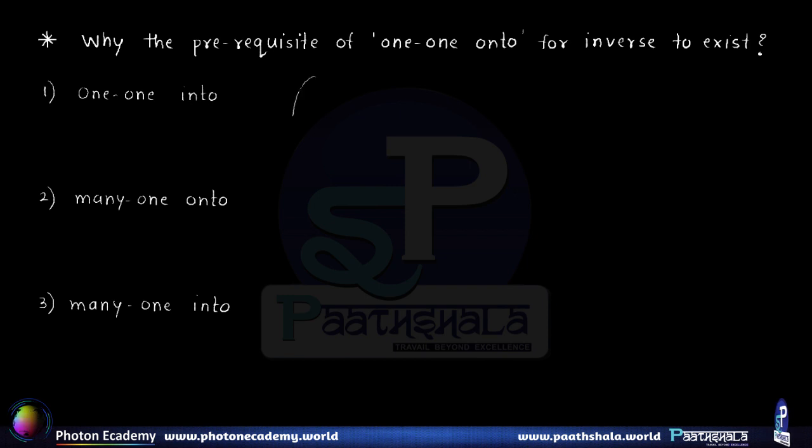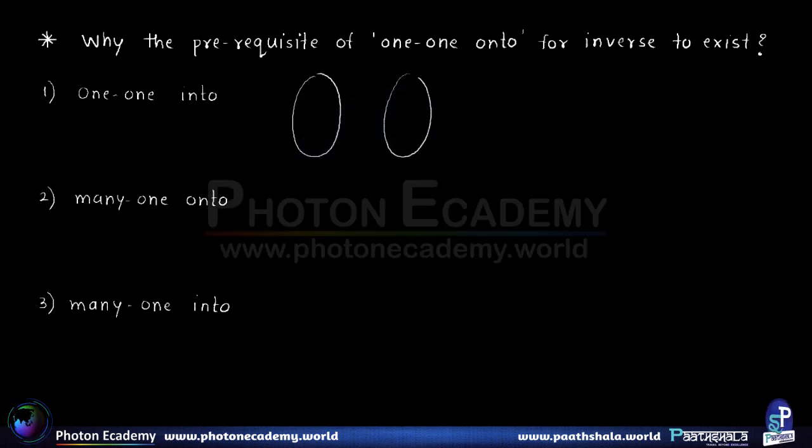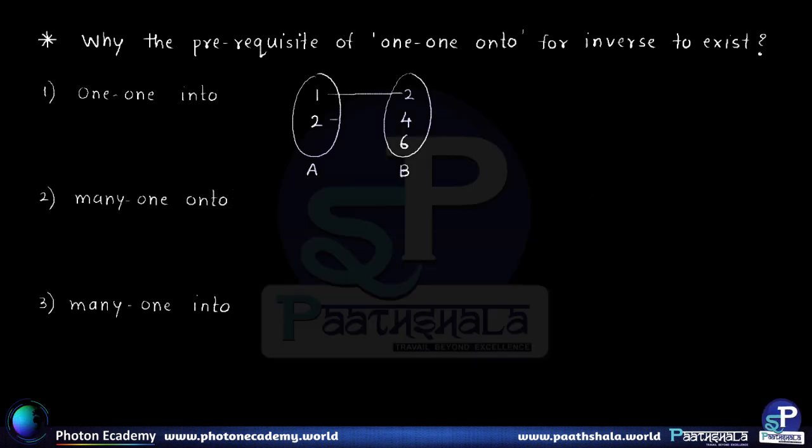Let us consider a very simple example, that is set A, set B. Now this is a one-one into function. Let's consider this function. We observe that it is one-one because it's a one-to-one relationship, and it is into because there is at least one element in the second set B which is not mapped with any element in the first set.